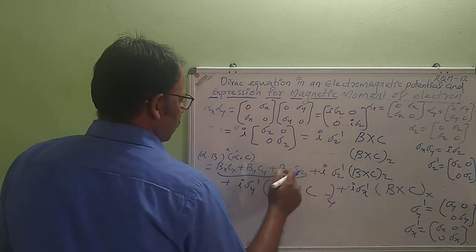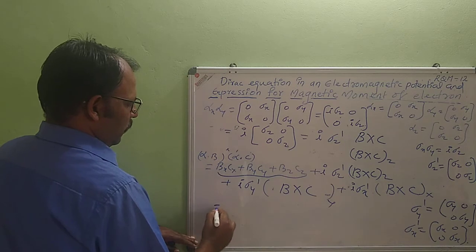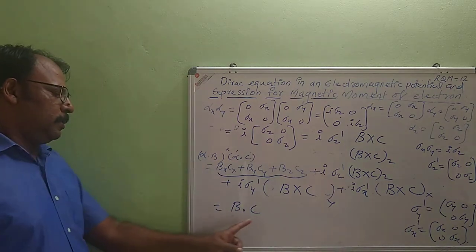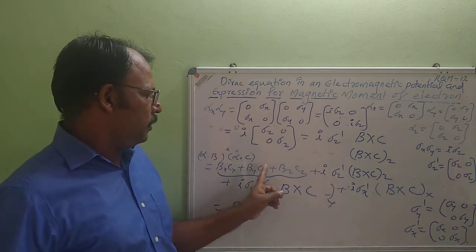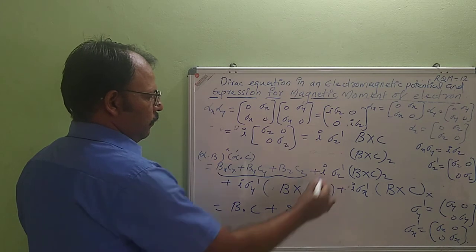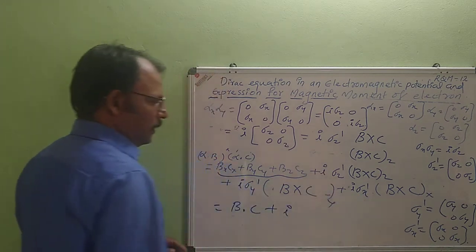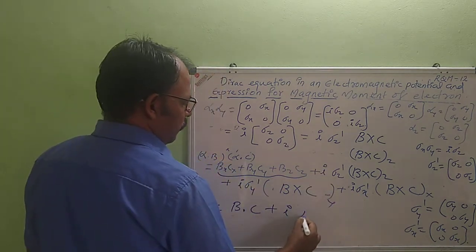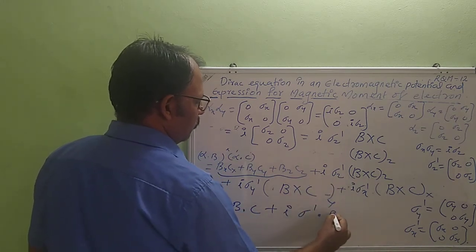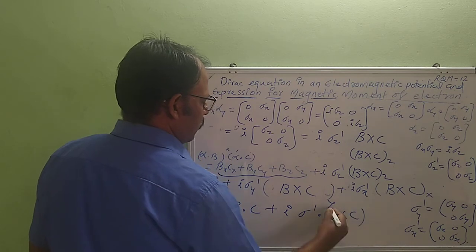Bx Cx plus By Cy plus Bz Cz will be B dot C. Then we take i common from these 3 terms, and write it as sigma prime dot B cross C.